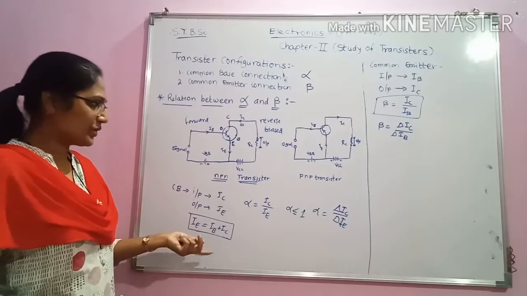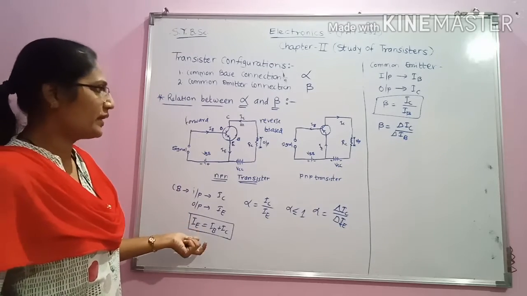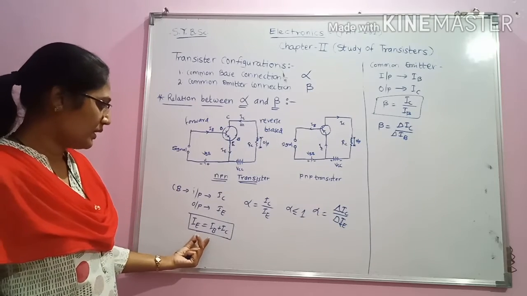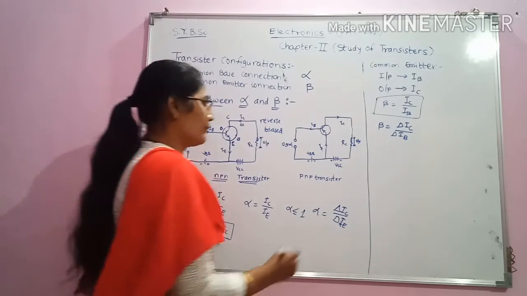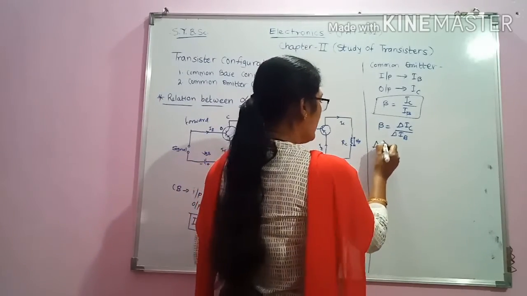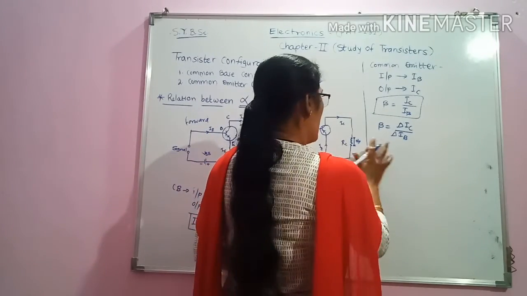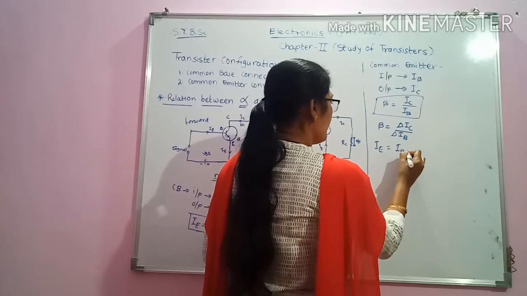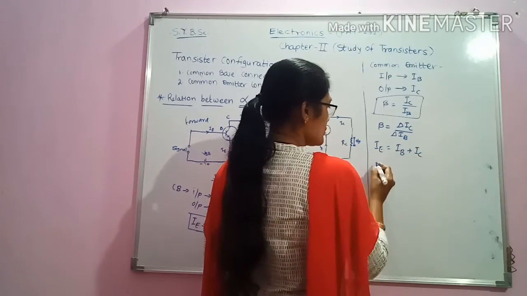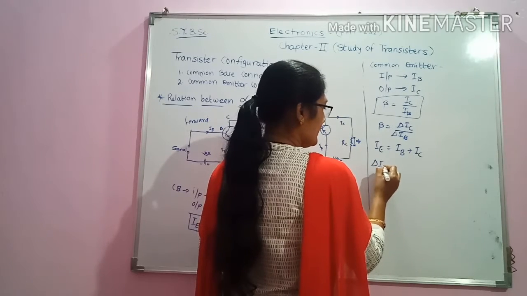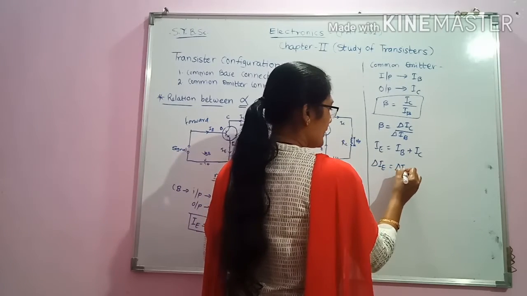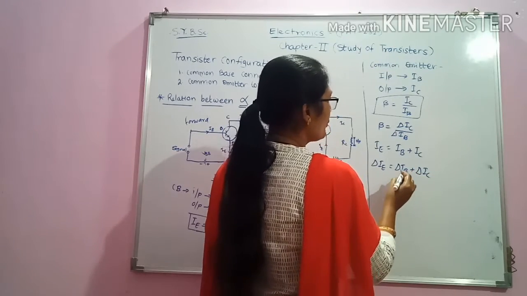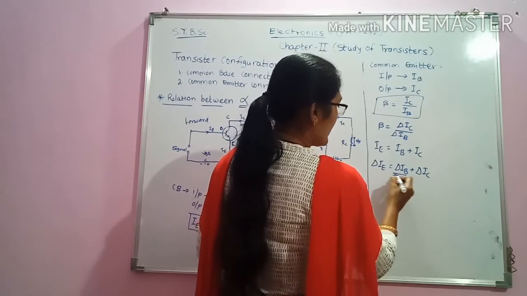This is the value of beta, that is current amplification factor in case of common emitter connection. Now in today's lecture we have to see what is the relation between alpha and beta. Now we will use this equation, that is IE is nothing but IB plus IC. So delta IE will become delta IB plus delta IC. We want to find out delta IB.